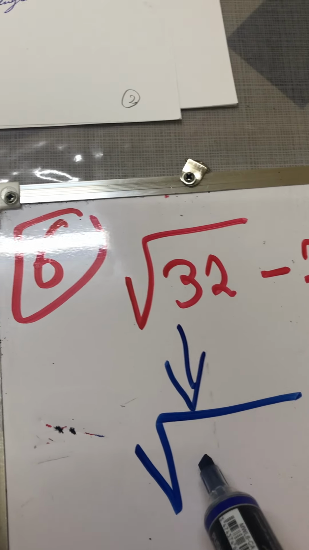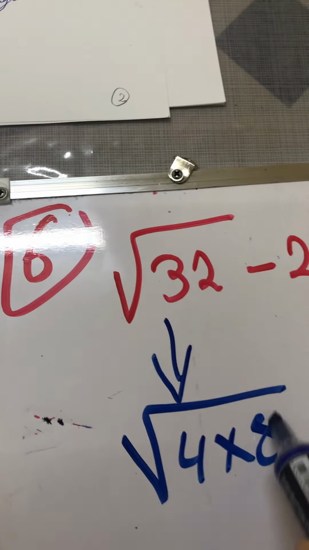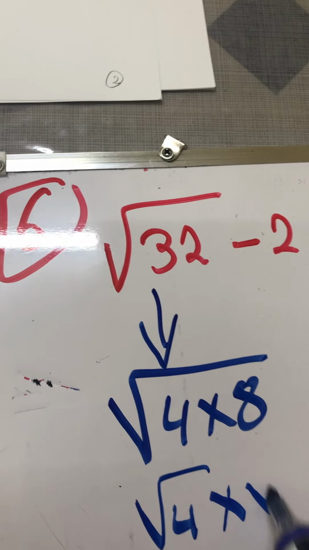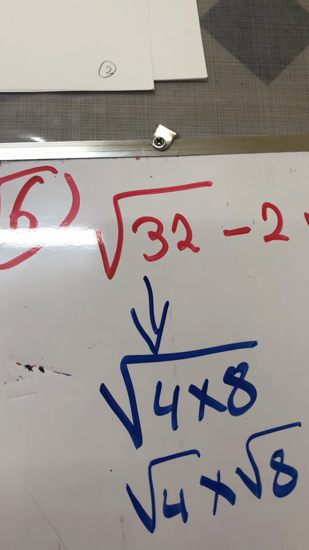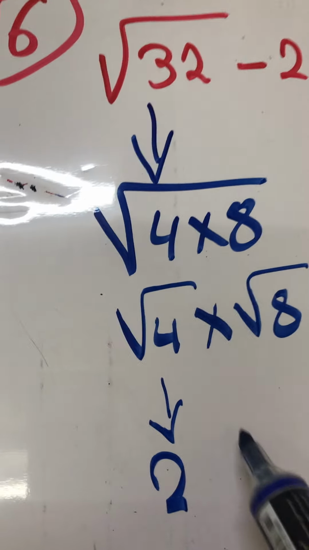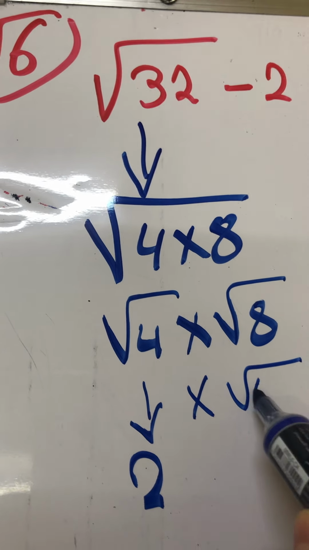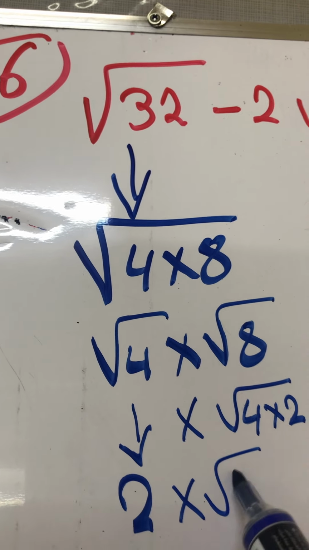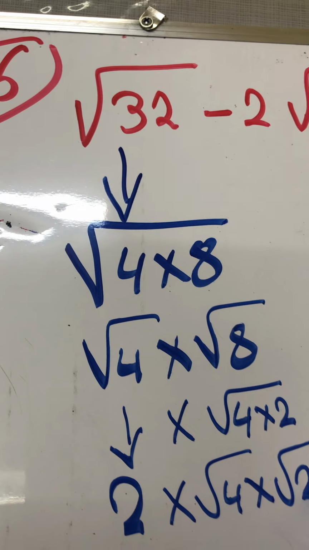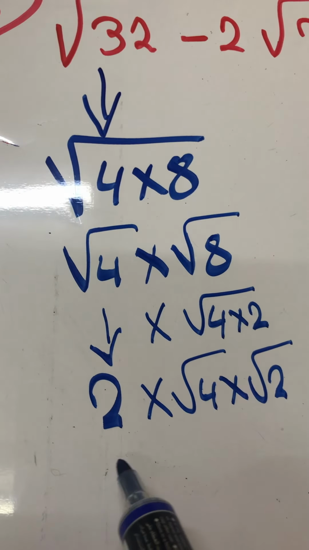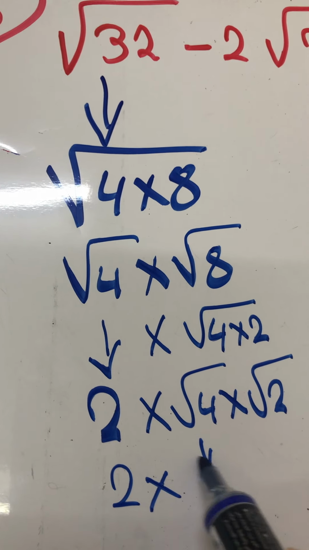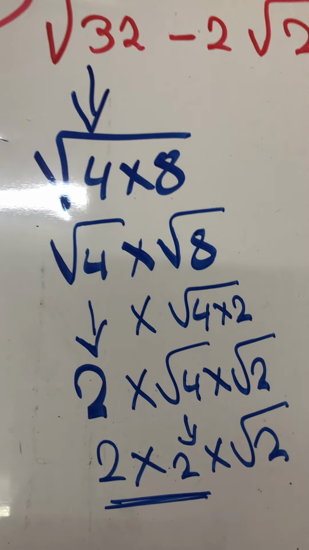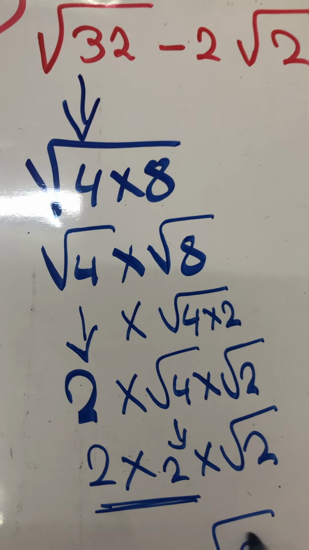32 comes from 4 times 8, okay? And we can put it as square root of 4 times square root of 8. Square root of 4 equals 2. Square root of 8 we can change into 4 multiply 2, so it will be square root of 4 times the square root of 2. So now I have 2 multiply 2 multiply square root of 2. Finally, I make it 4 square root of 2.